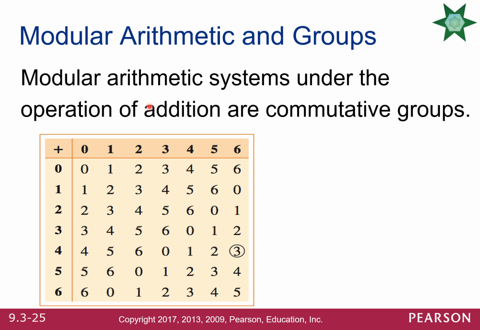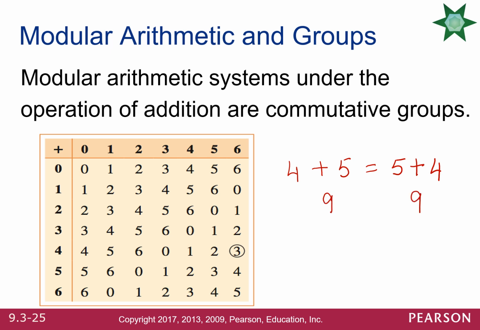Now, one important fact about modular arithmetic, especially for the operation of addition, is that they are commutative groups. Commutative groups imply that if we add two values, 4 and 5, then 4 plus 5 will give the same result as if we were to switch the 5 and the 4 and write it as 5 plus 4, right? 4 plus 5 gives us a 9. 5 plus 4 also gives us a 9.